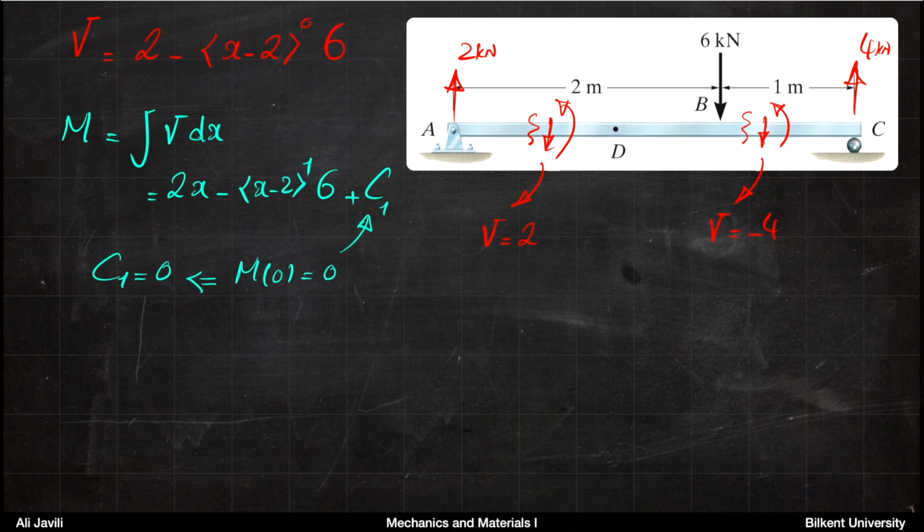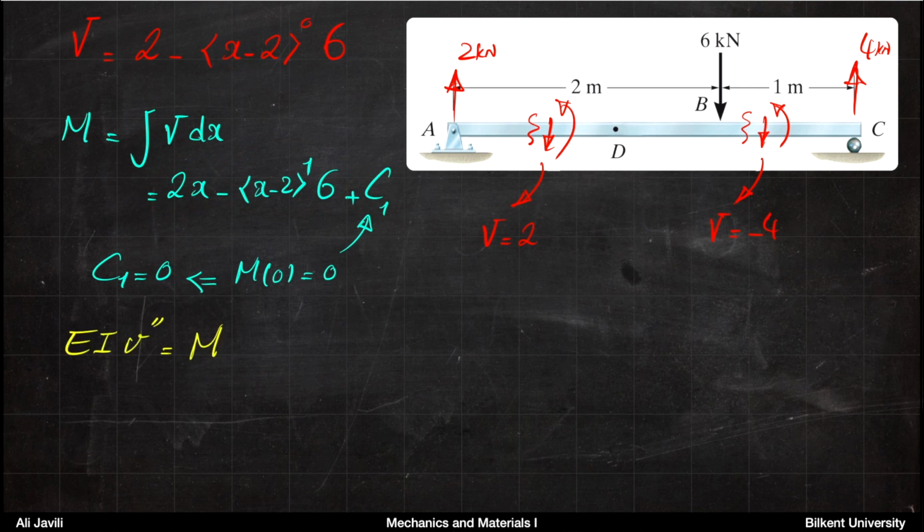The constant C1 you can assume is 0, because at x equals 0, the moment is 0, because the support is just a pin and does not apply a moment. So if you insert M equals 0 at x equals 0, you see that C1 is 0, since you get 0 from these two parts anyway.